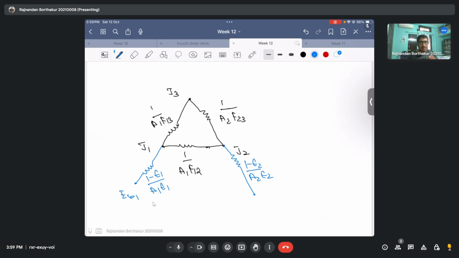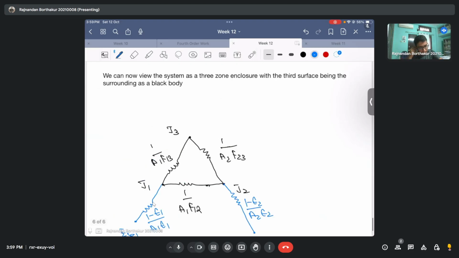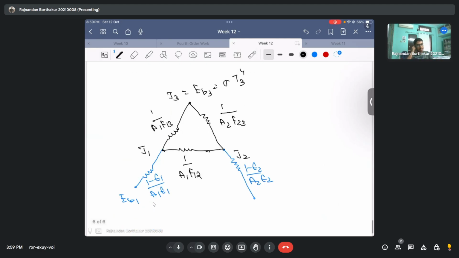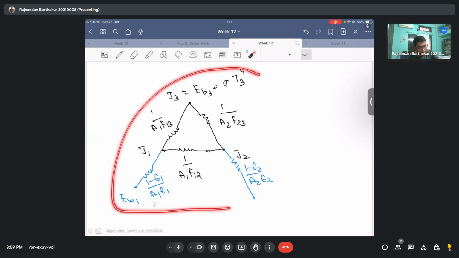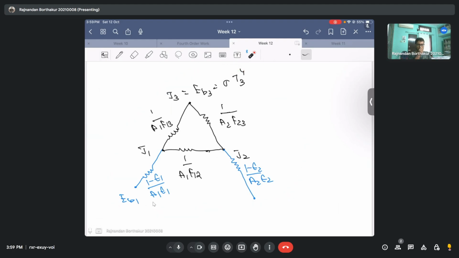You need to understand that I will not have any extra resistance involved with surface 3, because surface 3 itself is a black body, which means I can simply write that J3 is equal to EB3, which is sigma times T3 raised to the power 4. So this completes the radiation network for this physical picture.